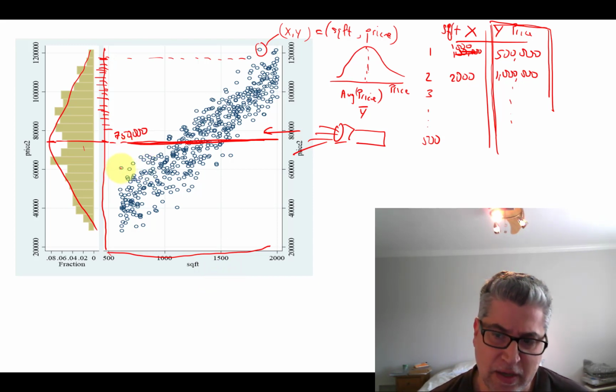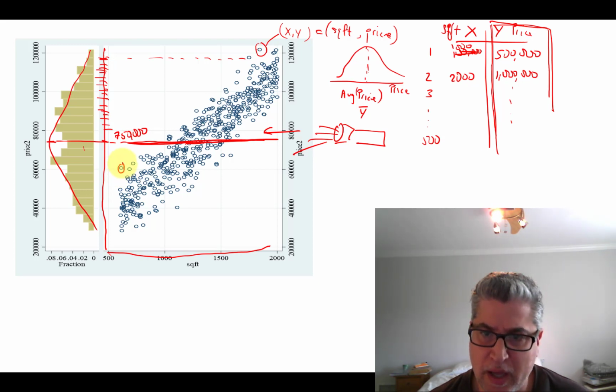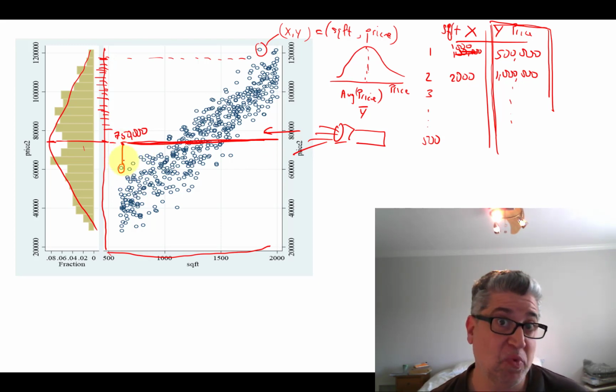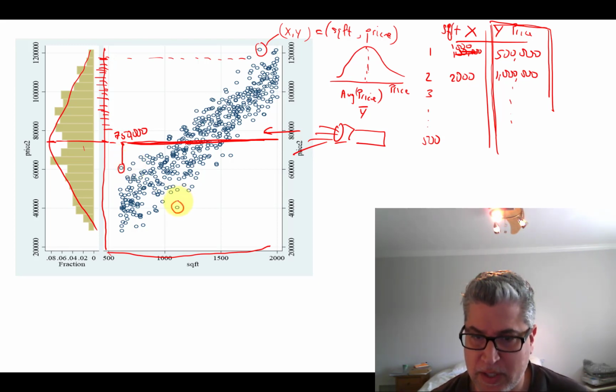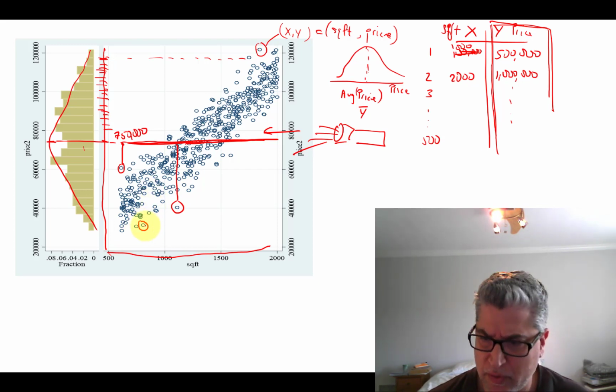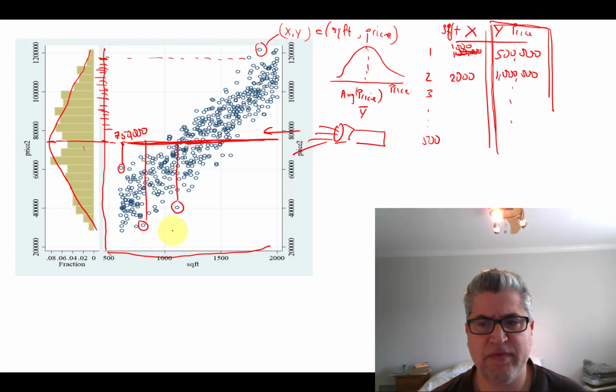Well, this house, we'd predict a price of 750, and so this would be our residual, or our error. And this house, whammo, that's a low price house. We expected 750, and this one only sold for 250,000.